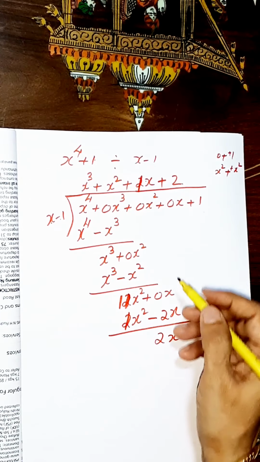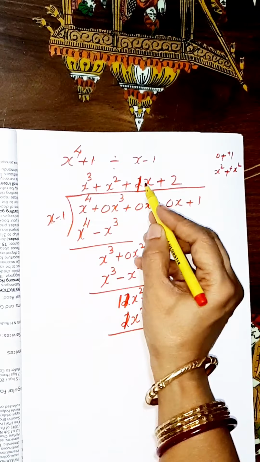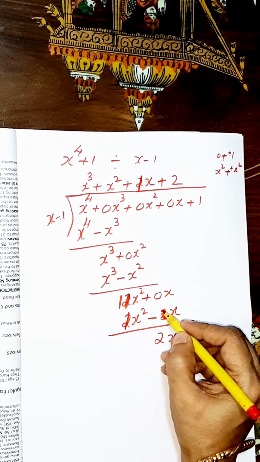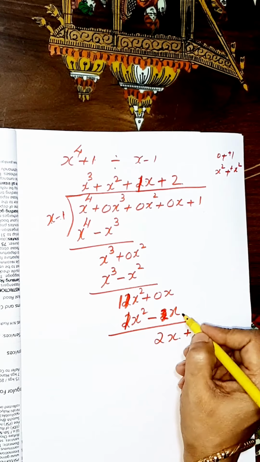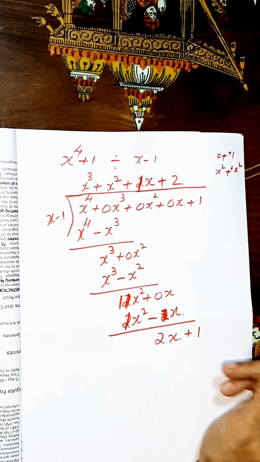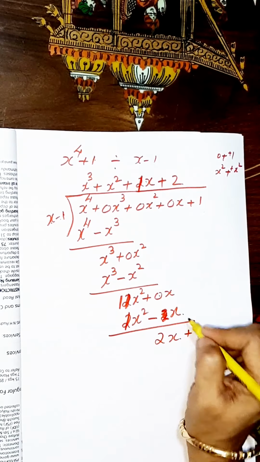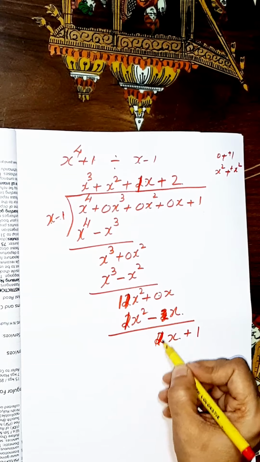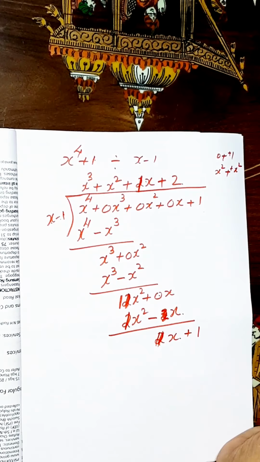So this will become x, 1x into minus 1 will become again minus x. So this 2 is not there. So 0x minus minus x will become plus x. Hope it is clear.